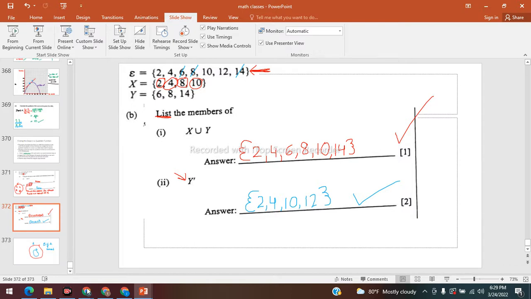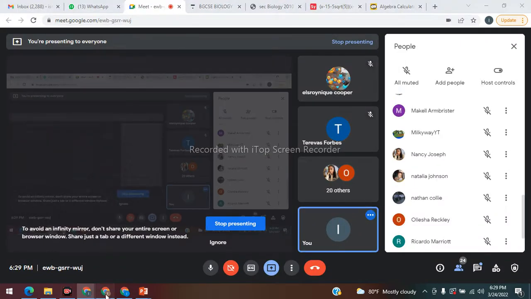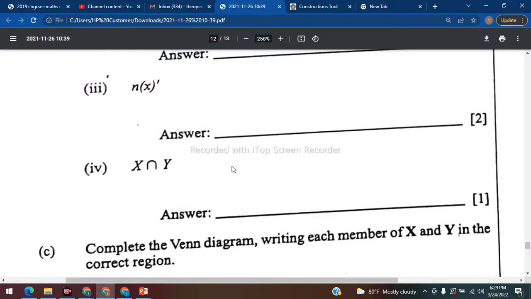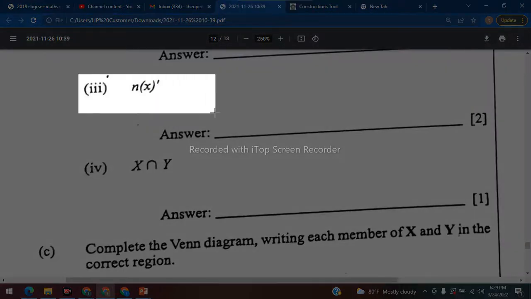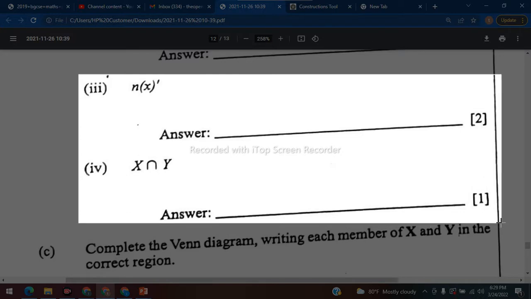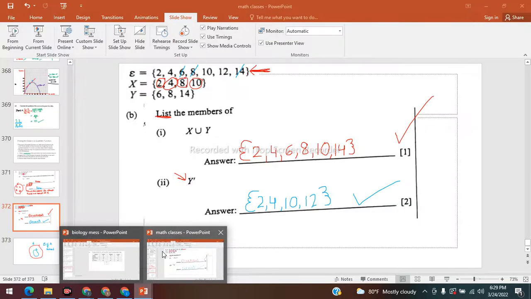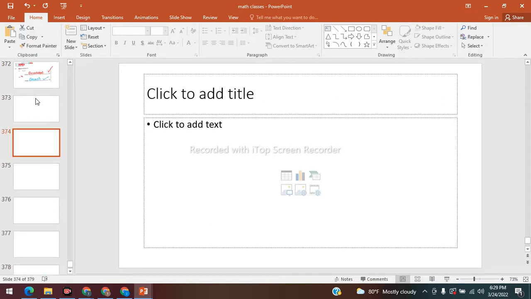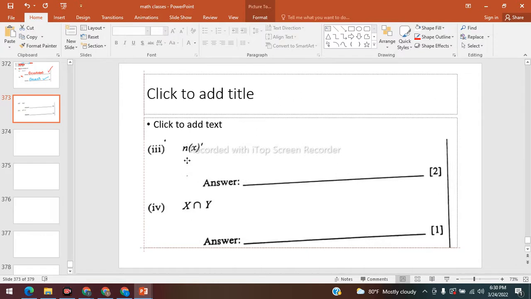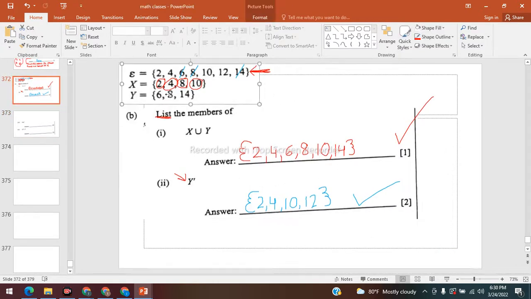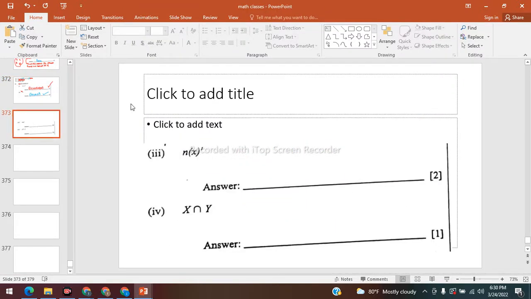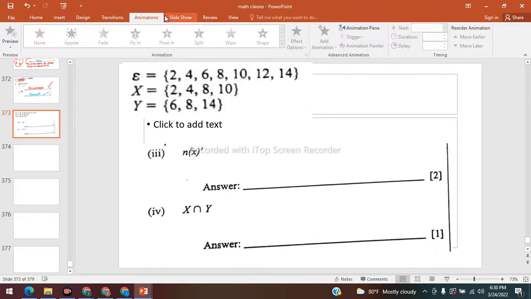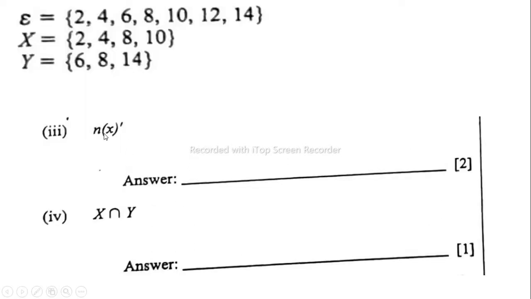Okay, so let's continue with the question. So here we still have these sets, the universal set, X and Y. And so here we have this particular one.